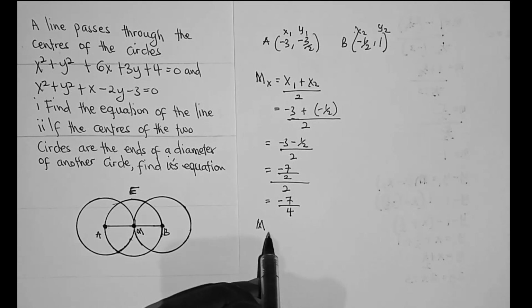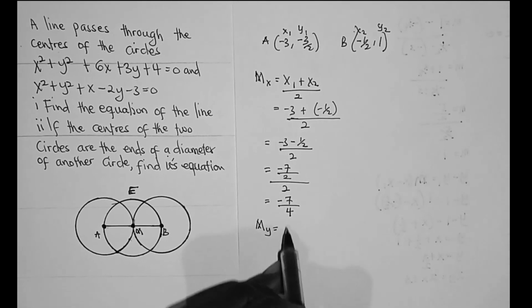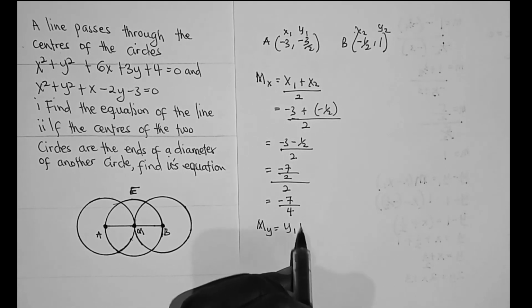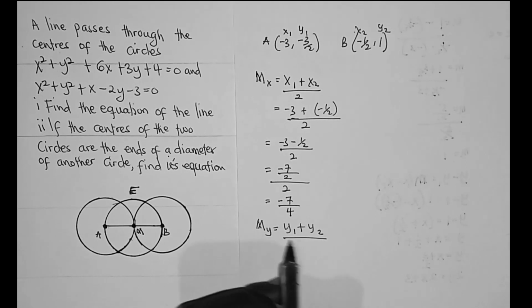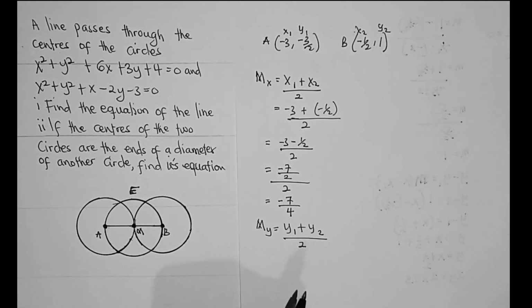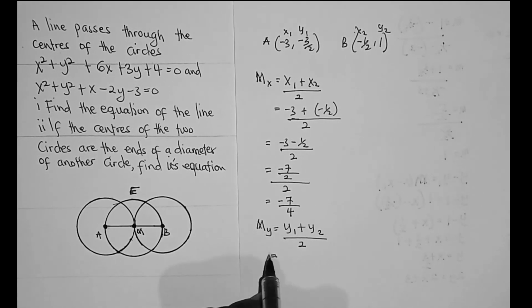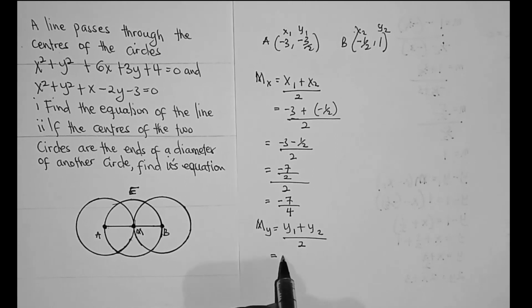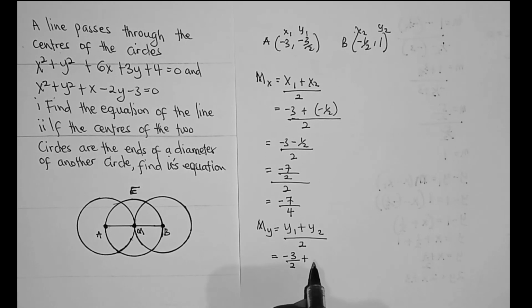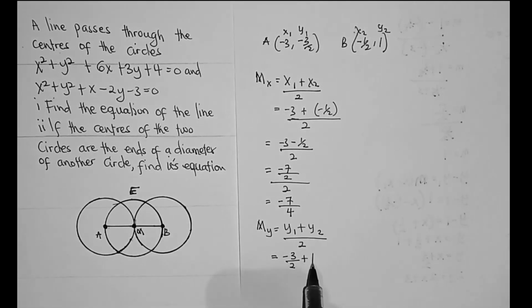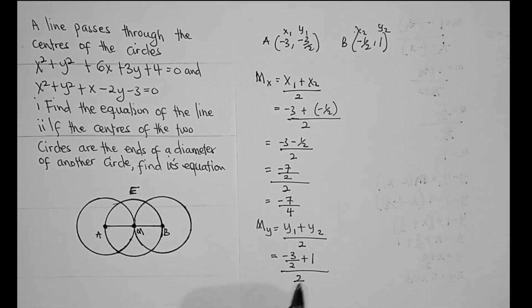Then the y component of M becomes y1 plus y2 divided by 2. So this is equal to y1, which is minus 3 over 2, plus y2, which is 1, all divided by 2.